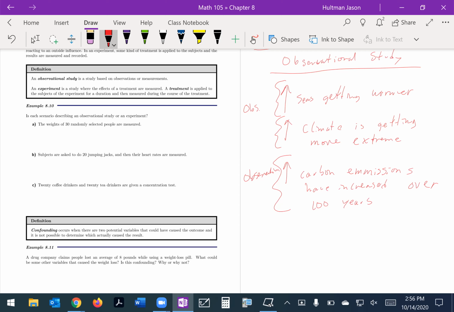So it is not an experiment. In order for something to be an experiment, you have to have repeatable outcomes, and you have to be able to change the variables, right? You'd have to say, we eliminate carbon emissions, and then the seas don't get any warmer. But we can't do that.